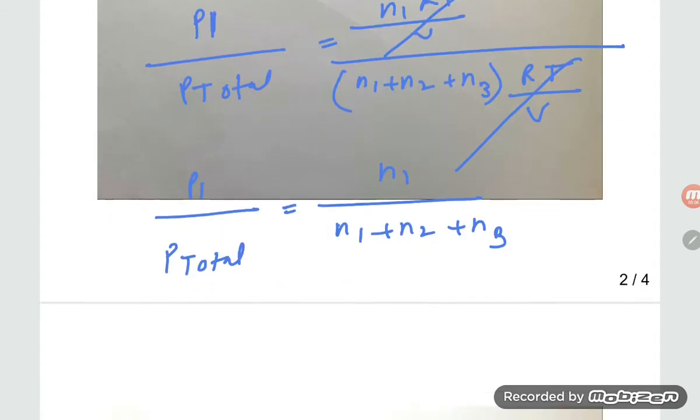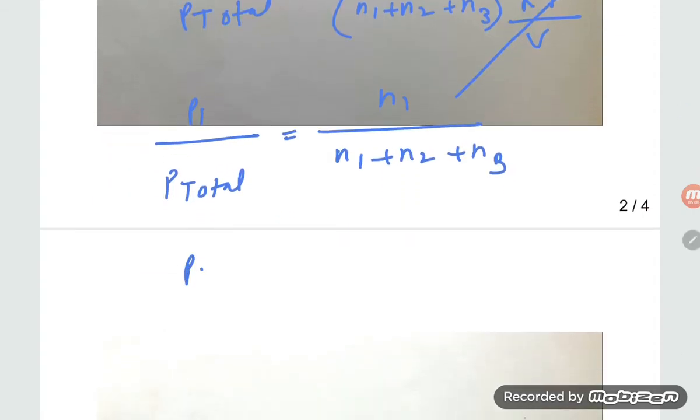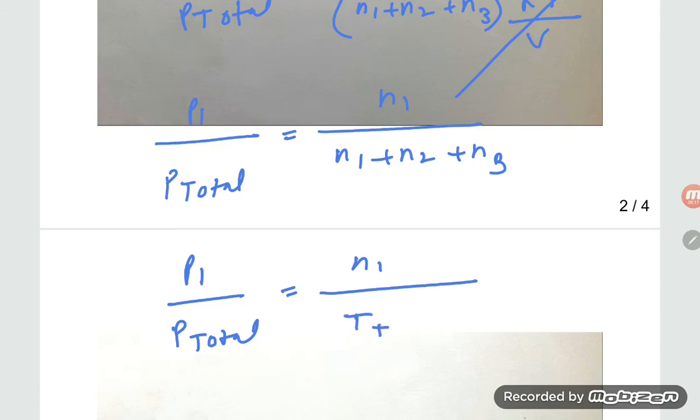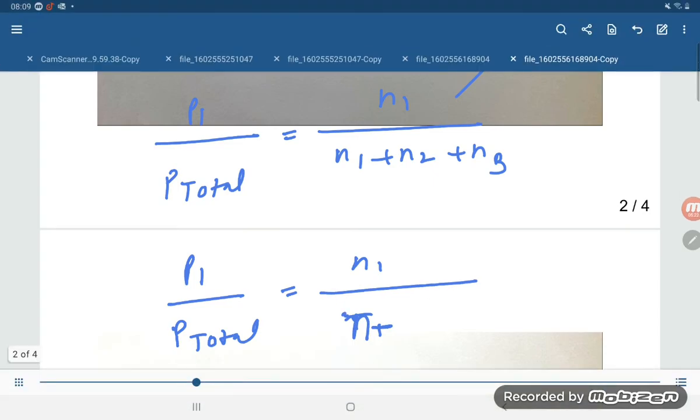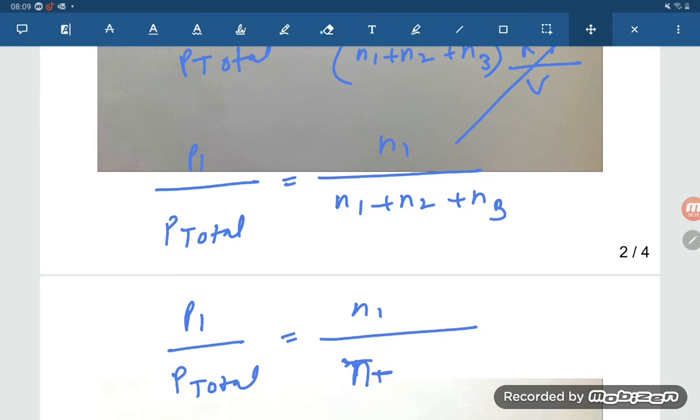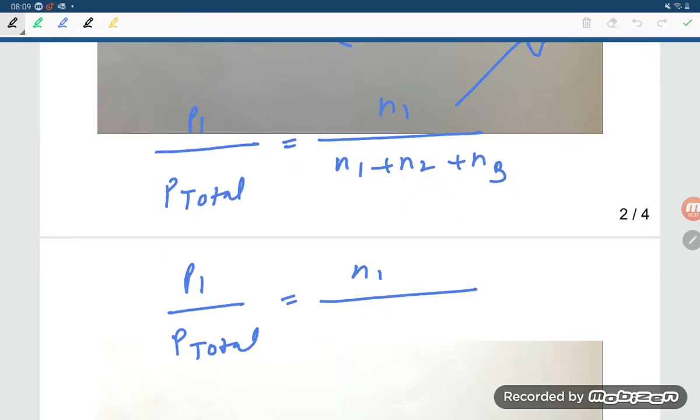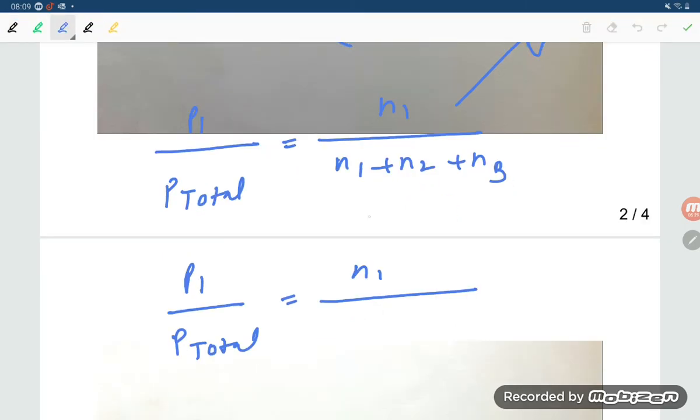So we can write Pi upon P total equal to N1 upon N total. Don't get confused, students. N1 upon N total, where N total is the total moles.